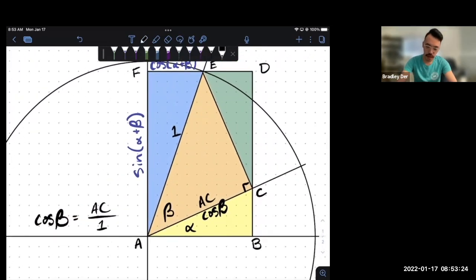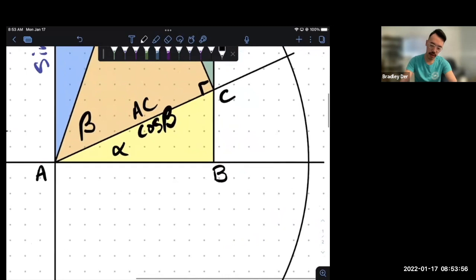If we did a similar thing for the side length EC, this segment right here, with SOHCAHTOA again, this would be the opposite side from beta. Sine is opposite over hypotenuse, meaning that sine beta has to equal the length EC over the hypotenuse 1. Similarly, this side length is just sine beta. We can keep it going with our yellow and green triangles. So I'm going to zoom in down here.